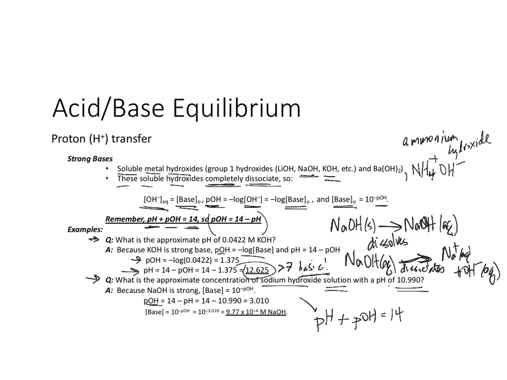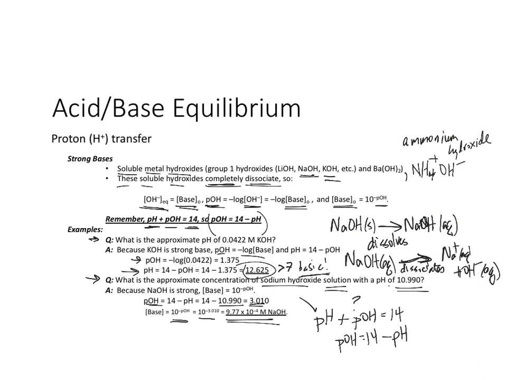So if I know pH, I can find pOH. pOH is going to be 14 minus pH. So we calculate that. So the pH was 10.99. 14 minus 10.99 is 3.01. And then my base concentration is going to be 10 to the minus pOH, or 10 to the minus 3.010, or a concentration of 9.77 times 10 to the minus 4th molar.